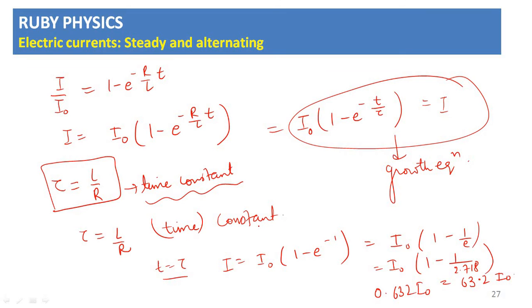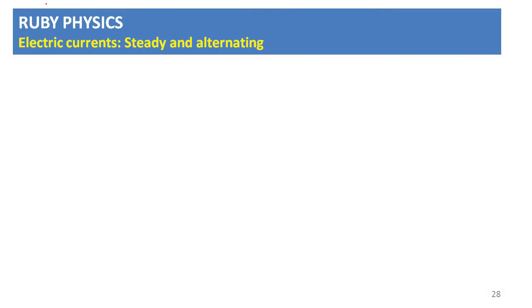So by this I can give the definition for the time constant: the time constant is the time in which the current in the circuit grows to 63.2% of the maximum value of the current. For I equal to I₀, e to the minus t by tau is equal to 0, and this happens at t equal to infinity.